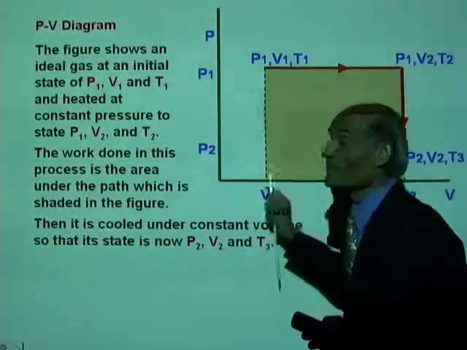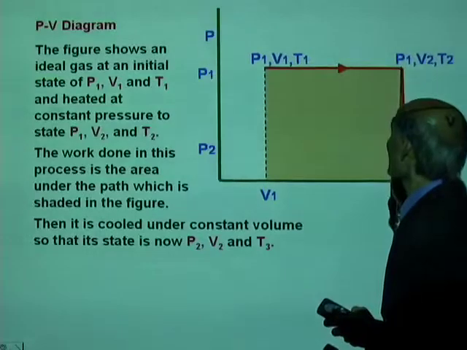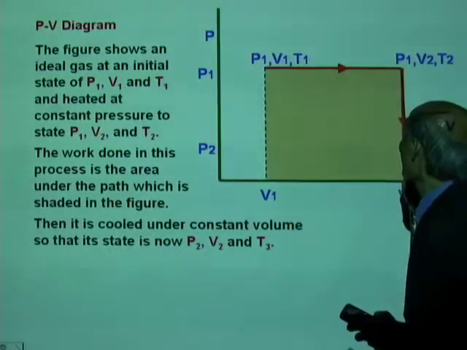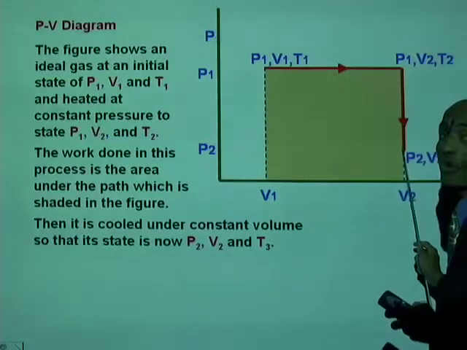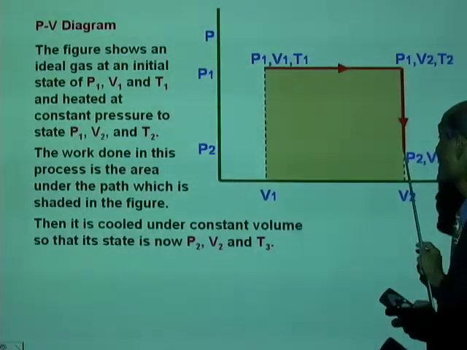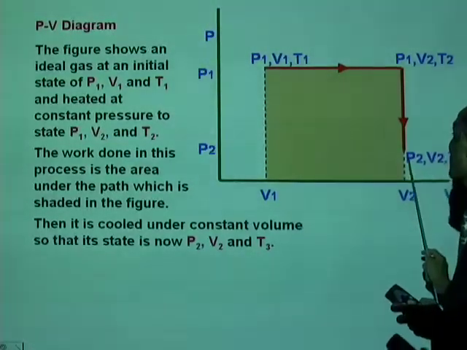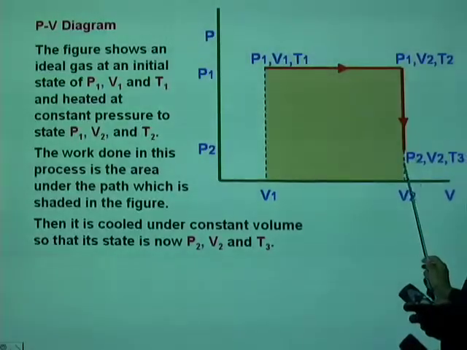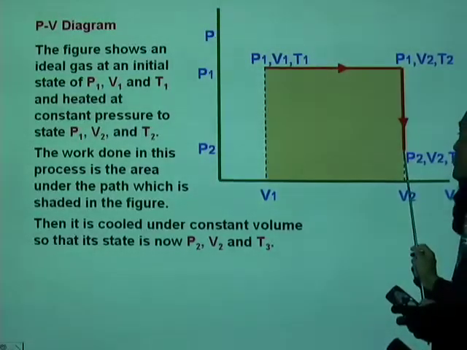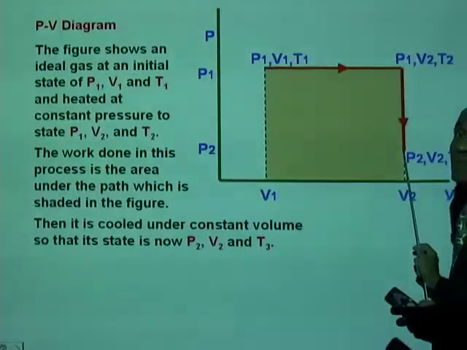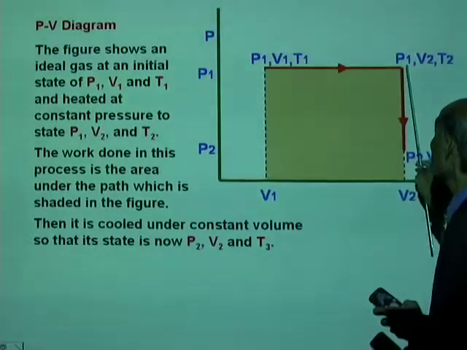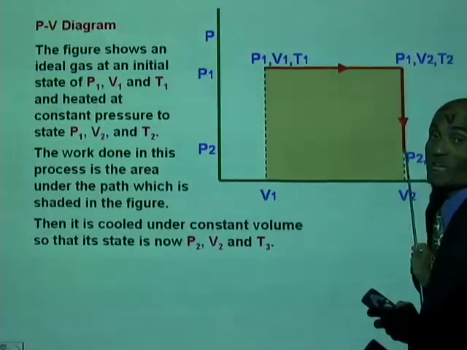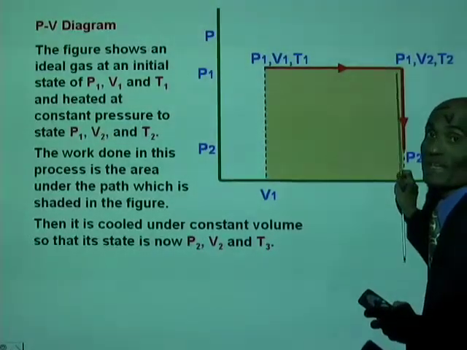Now, the gas is cooled under constant volume so that the pressure reduces to P2. The volume remains constant and the temperature falls to T3. Tell me, what is the work done during this time, from state 2 to state 3?